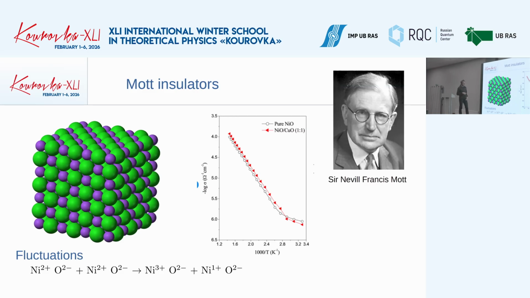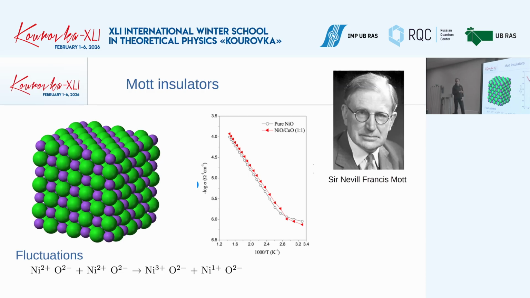But there is a problem. You should somehow pick which nickel atoms gain electrons and which lose electrons. So there should be some superlattice, say, some period doubling, to organize this in an ordered manner.